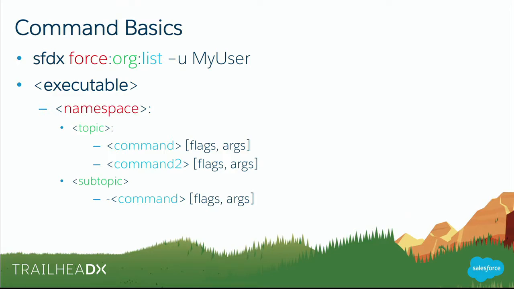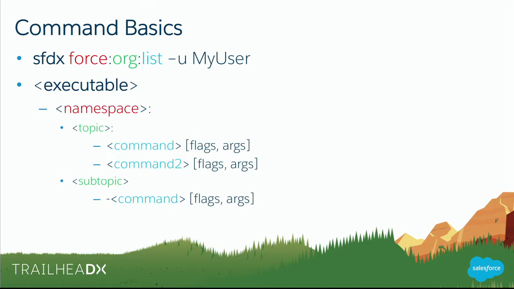This namespace allows us to separate different topics for different uses. So for instance, if I have a topic that I want to call org, and a command in it that does list, and maybe it does it slightly differently than we've given you in the CLI, I need a namespace to distinguish that from the force org list, for instance.